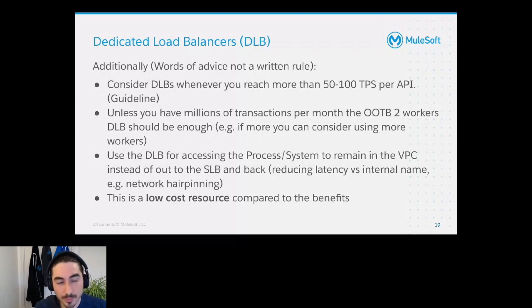Outside, you will be exposed by the dedicated load balancer, and you want that when the experience API is calling your process, the process then is going to call the system, and all of that communication, you want to avoid it going every time to the same shared load balancer, for example, the one between the process and system APIs. That way you can save some latency as well. The last point: it is a low-cost resource compared to the benefits. And I know what you're thinking, but this is not a sales pitch.